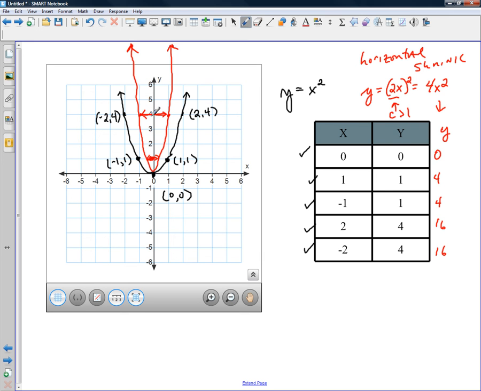Now it's shrunk up, right? And it will just take off very quickly when we put a number in front of that. It will tighten up this parabola. It'll be horizontally much tighter than it was before. We call it a horizontal shrink.